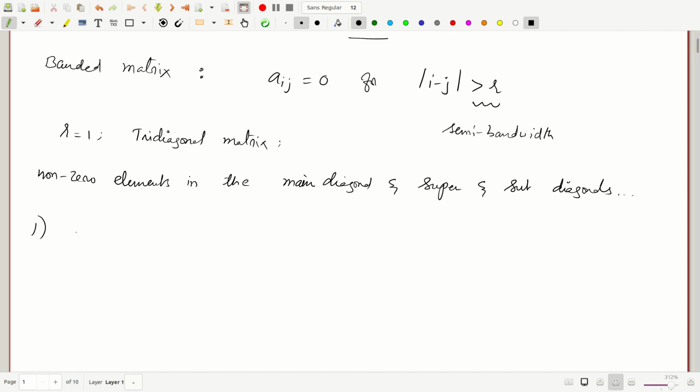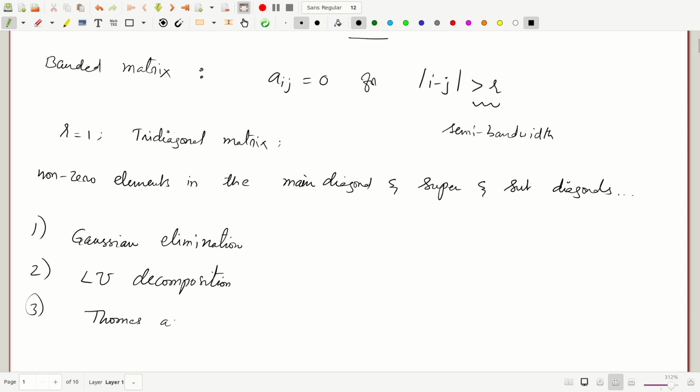Now of course there are several solution methods available. Some of those tailored for banded matrices: there is Gaussian elimination, which works for both regular dense matrices as well as banded matrices, as well as LU decomposition, and of course there is also something known as the Thomas algorithm, also known as the tridiagonal matrix algorithm, TDMA.